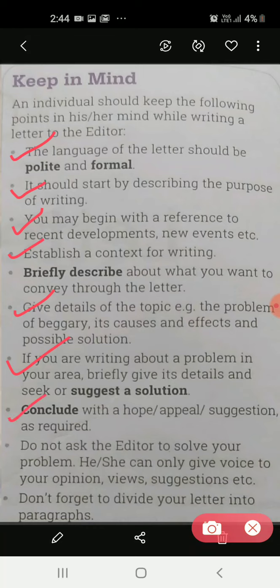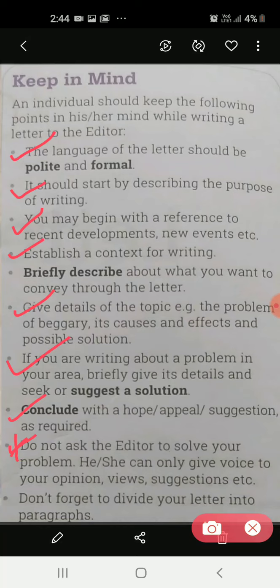And then do not ask the editor to solve your problem. He or she can only give voice to your opinions, views, and suggestions. And this is a very, very crucial point which I want to talk about. See, students, we often see in your letters that you are actually asking the editor to sort out, like, fix the problem that there's no water supply in your area.